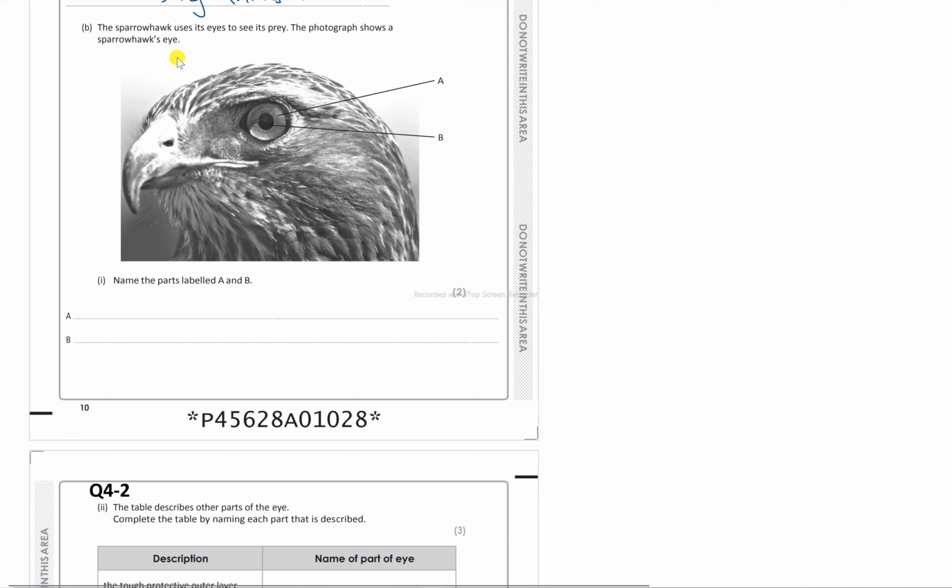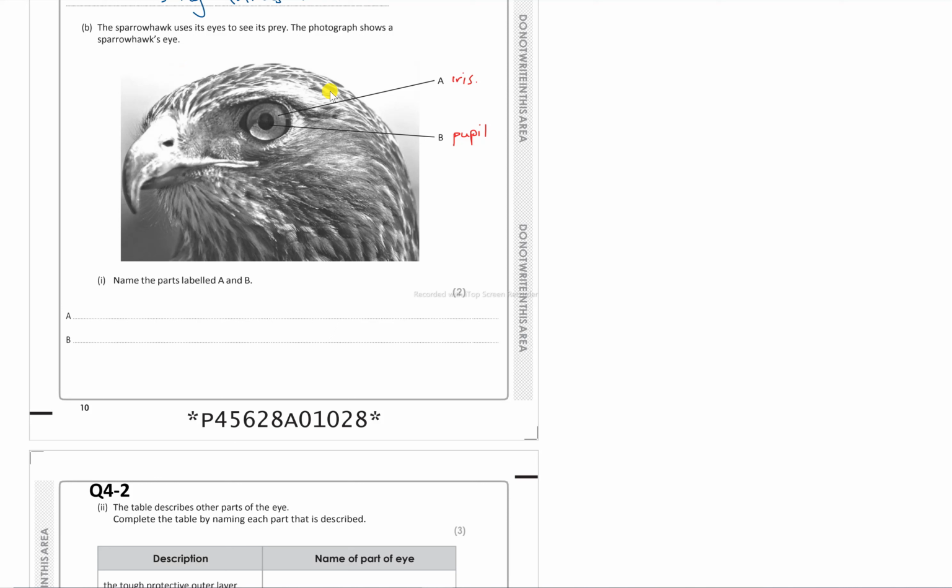Right, I don't know how many times I've done this question, but I always struggle because I don't know what they're pointing to. I think they're pointing to the pupil there, and I don't know whether that's the cornea or the iris. It's difficult to tell from here.